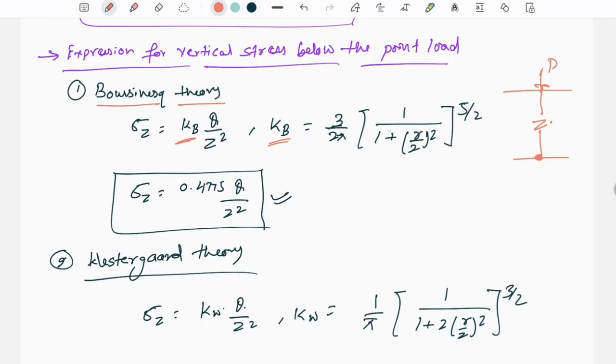Kb is equal to 3 by 2 pi into 1 by 1 plus r by z whole square, whole raised to 5 by 2. If r is not given, then you can directly calculate sigma z is equal to 0.4775 Q by z square.